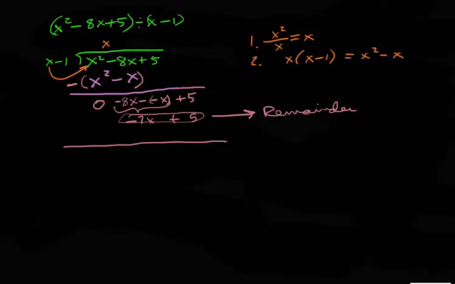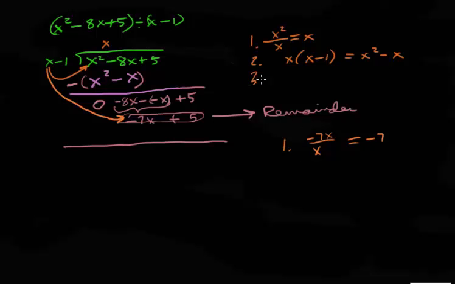Now we have to repeat what we just did and divide this x into the remainder. As long as the degree of the divisor, x minus 1, is less than or equal to the degree of this remainder, then you can divide. So we have an x into negative 7x. That would be our next step. X divided into negative 7x. That's the same thing as negative 7.